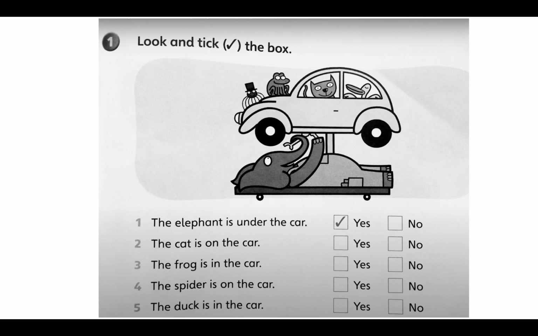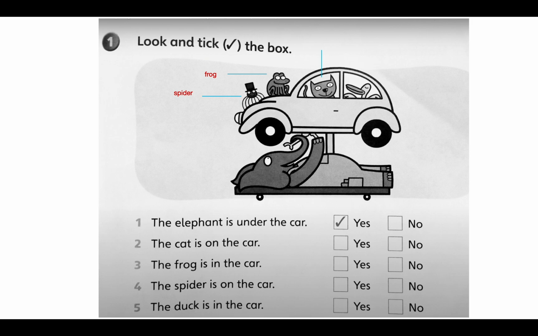Okay, first, let's label the animals. Okay, the first animal. What is this animal? Yes, it is a spider, laba-laba. Next, what is this? Correct, it is a frog, katak. What is this?